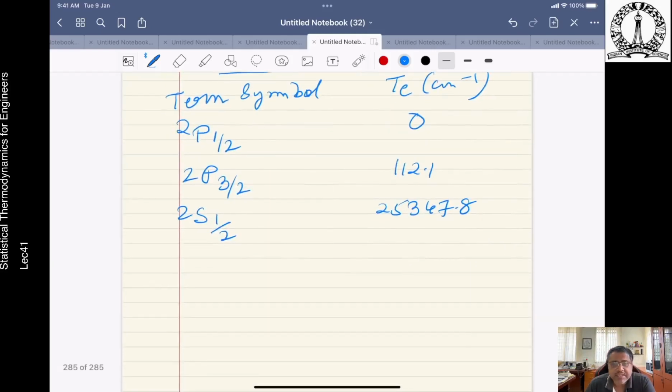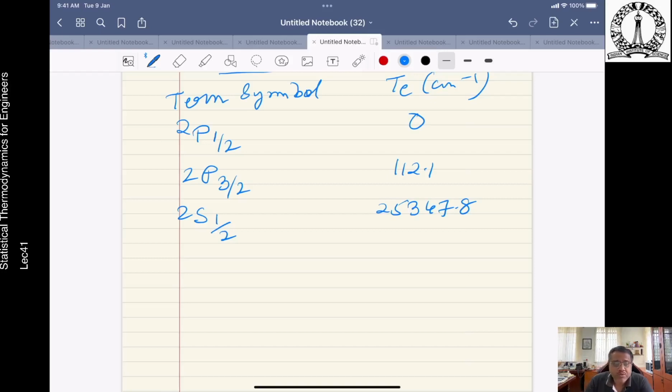So as you can see, there is a huge gap. We only require the first two levels when we calculate the partition function for gaseous aluminum.